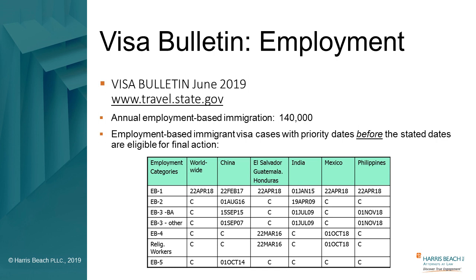What I've excerpted here on this slide is one portion of the visa bulletin dealing with employment-based green cards, employment-based immigrant visas. On the left-hand column, you'll see the different employment categories. So they go from EB1 all the way down to EB5. EB just stands for employment-based. So you have EB1, which is the employment-based first preference.